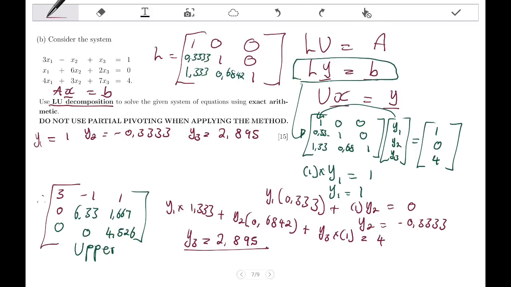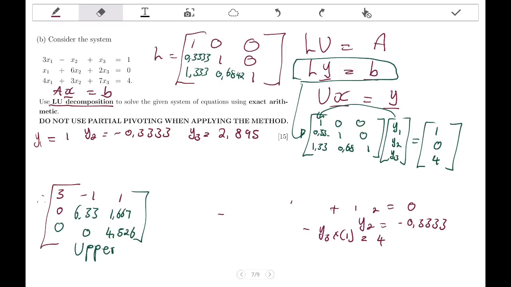Then you can use this equation here to calculate the x. So I'm going to erase this here so I can get a space. I'm going to use the second equation, which says the upper matrix multiplied by the x variable is equals to the y variable.